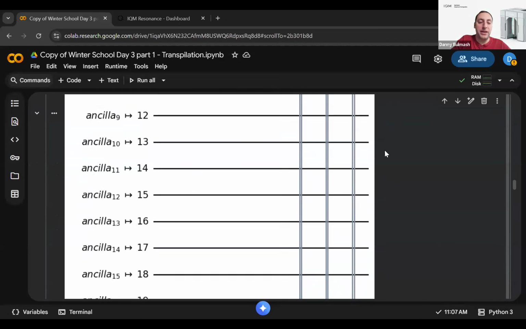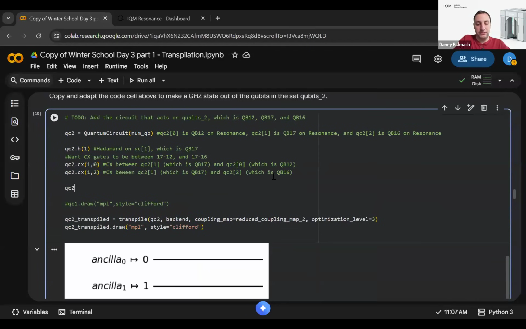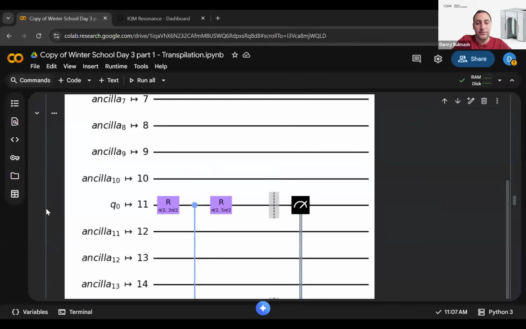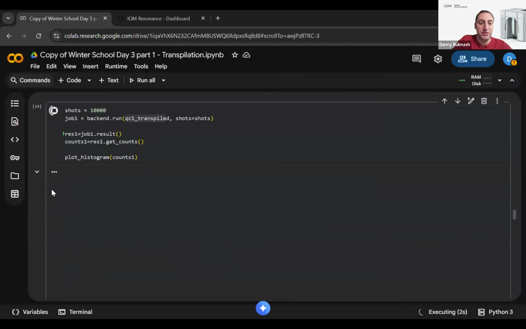So that line has to be in both of our circuits here. So, a little bit of debugging there. Okay, so if we try again, now we should be able to run this job on Resonance. And hopefully Garnet didn't pick up too much noise in the meantime.